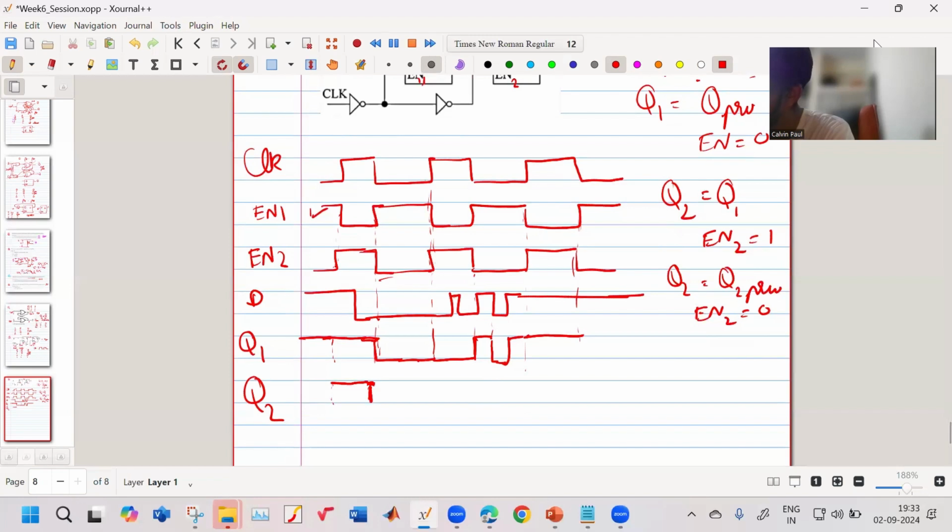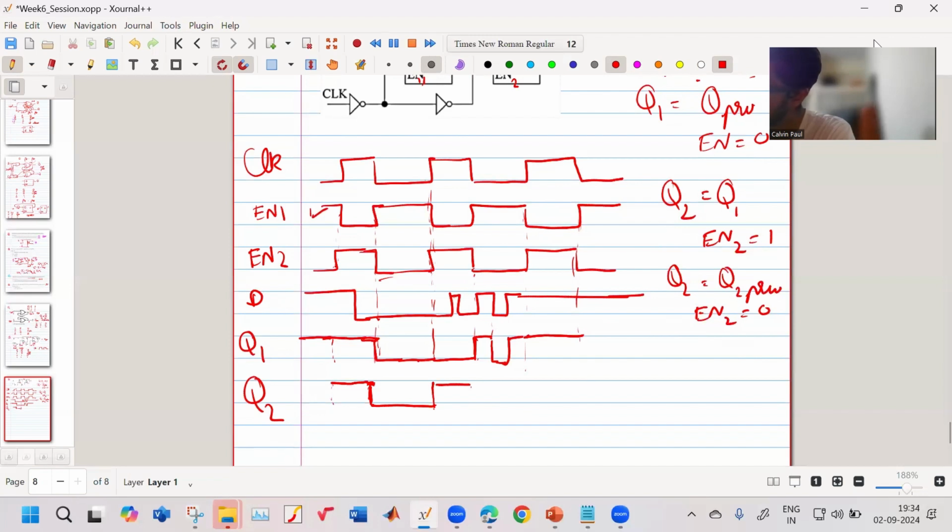So it will also become 0, and then it will hold on to its previous value. When enable 2 becomes high, it will take the value of Q1. So it will go like this.